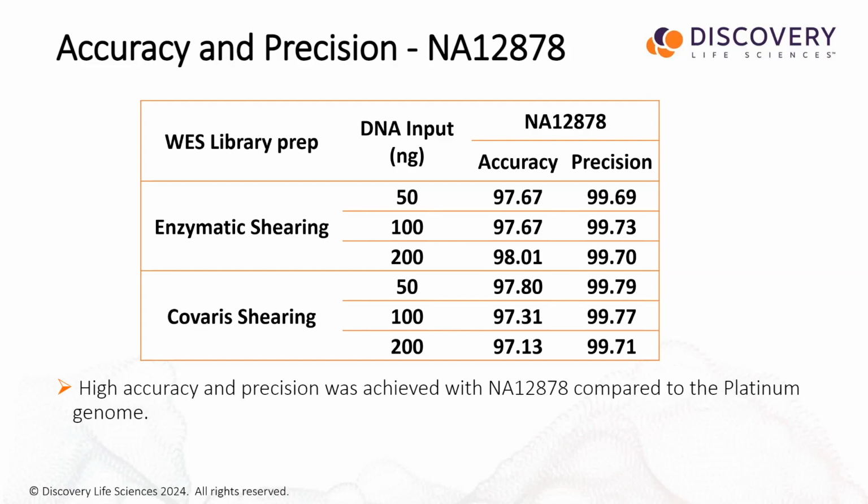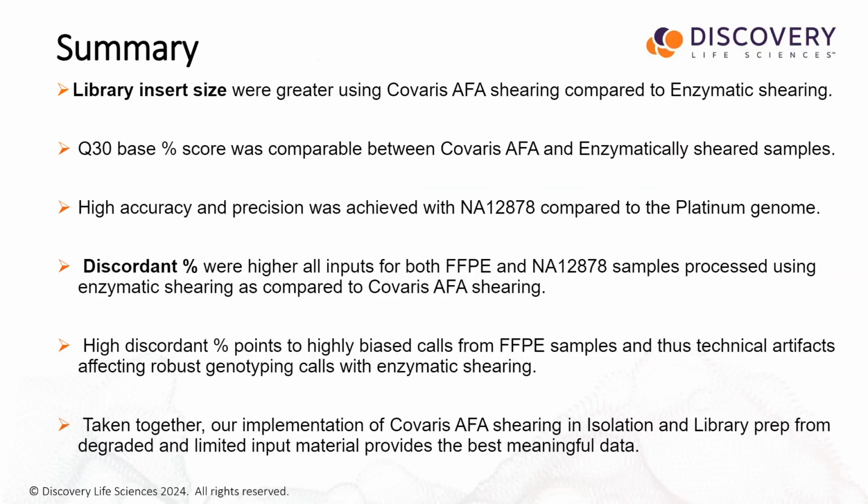However, if we have to summarize all the things that we see here, the library insert sizes are greater with the Covaris AFS shearing compared to the enzymatic shearing samples. We have seen this across the board, across multiple sample types, across multiple projects, and across multiple internal testing, and that has been a very consistent feature.